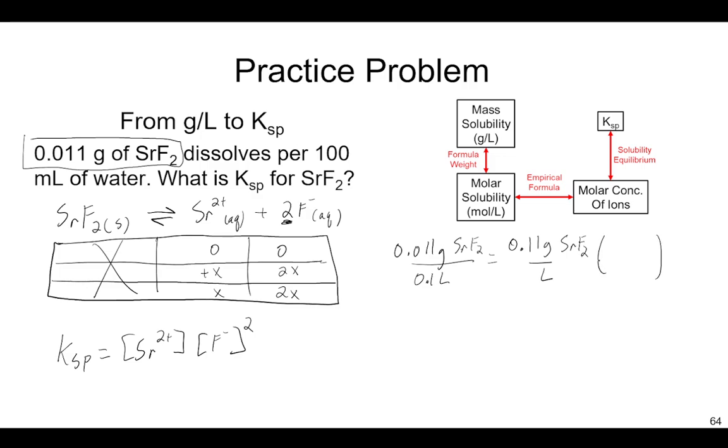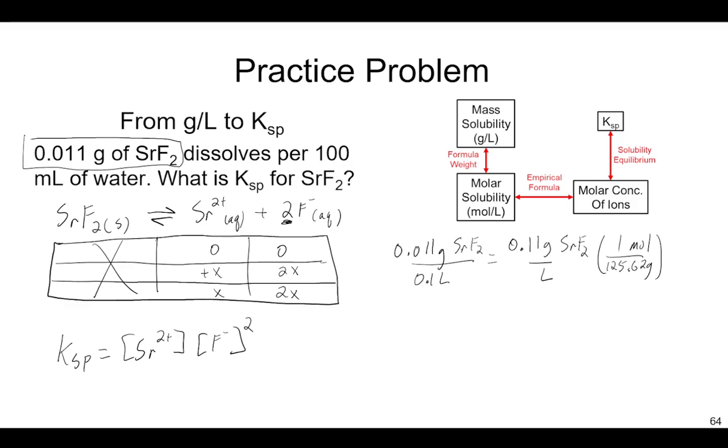So probably a good idea to use the molar mass here and convert this into a molar solubility. Hence, this first part of this figure up here: go from mass solubility to molar solubility. So, strontium fluoride, the formula weight is 125.62.